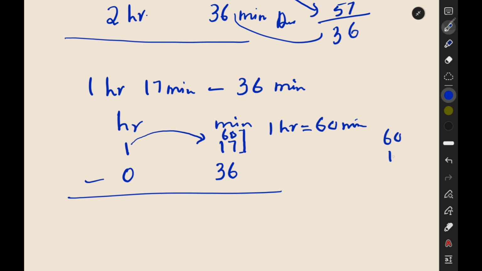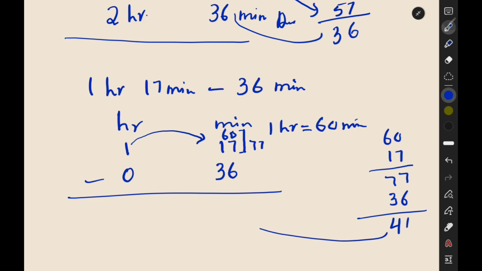60 plus 17 becomes 77. So from 77 we remove 36. 7 minus 6 is 1, and 7 minus 3 gives 4. So we write 41.